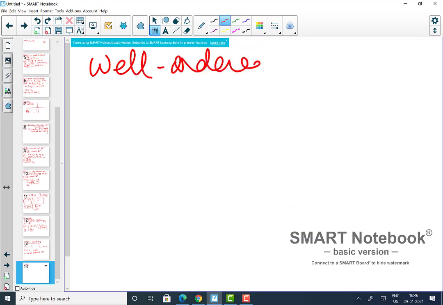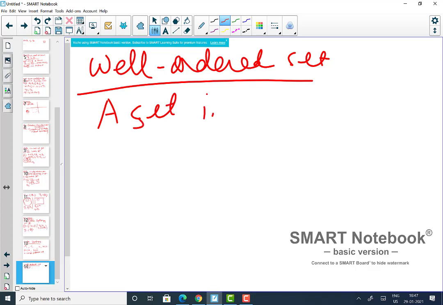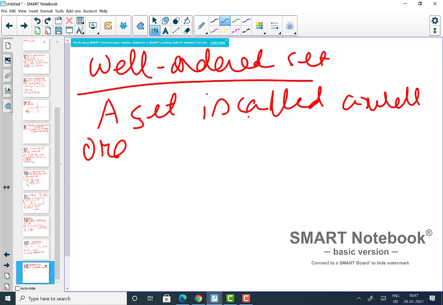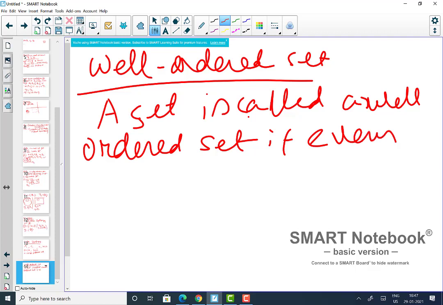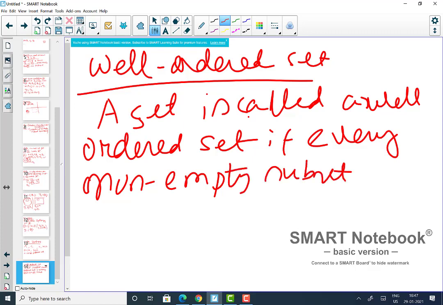A set is called a well ordered set if every non-empty subset has a least element, right?